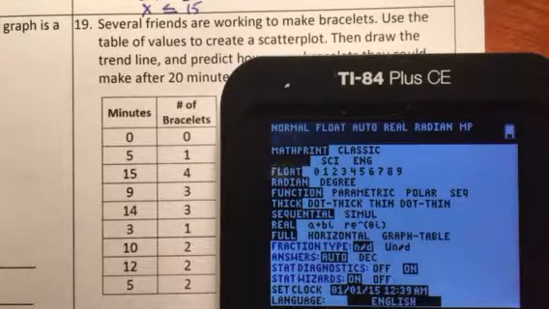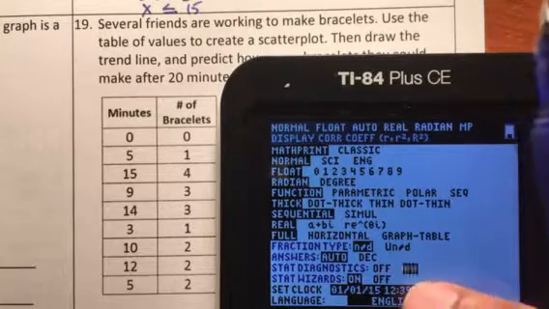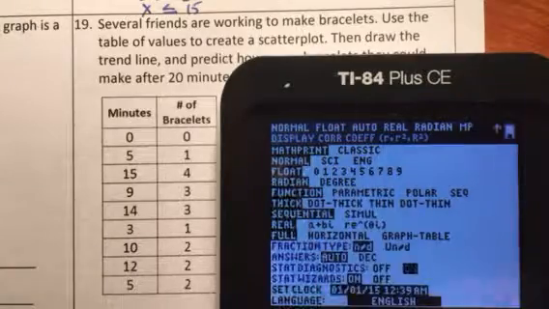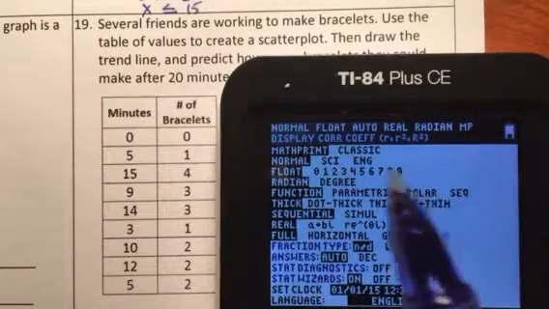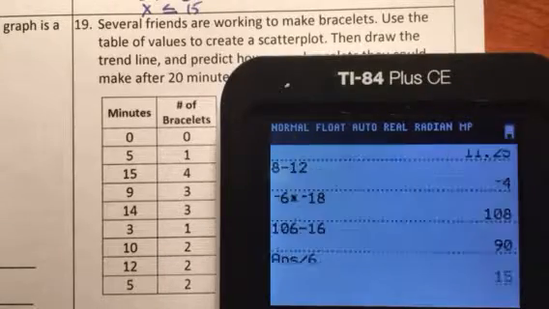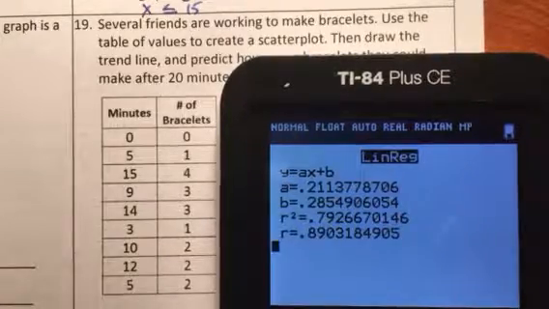On my mode, I need to remember to have my stat diagnostic on, because that'll give us some information that we're going to need. So, stat over 4.